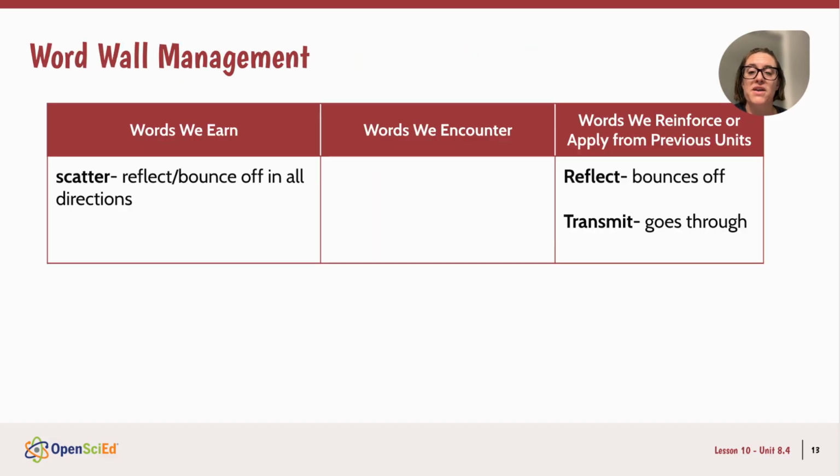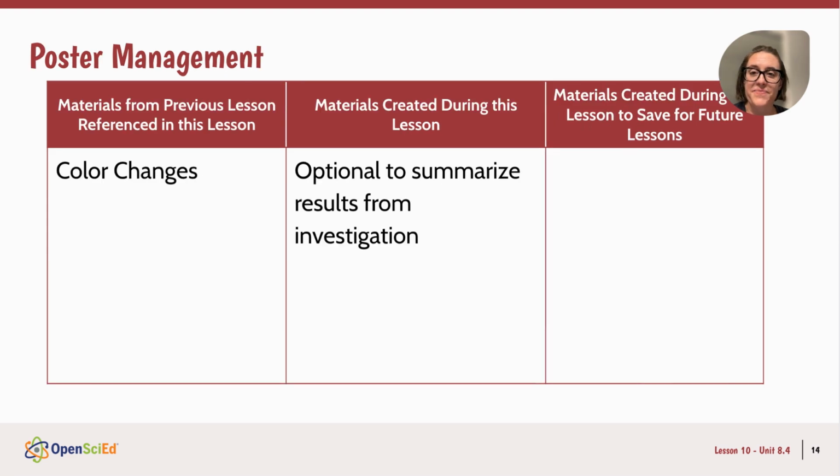Word wall management. We will earn the word scatter in this, where the light is reflecting or bouncing off in all directions. And words that are coming back from previous units that we are bringing back up are reflect and transmit. You'll want to add those to your word wall as well, especially if your students have not had the experience of 6.1 previously.